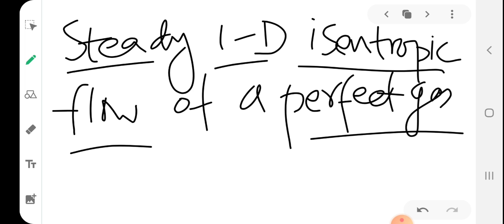So students, you have learned about the conservation equations or governing equations already, right? Before moving to conservation equations, what is the purpose or application of the study of isentropic flow?